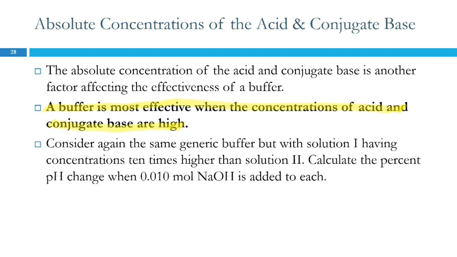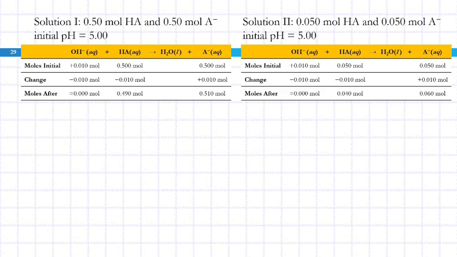Here they're going to have equal concentrations, but one of them is going to have concentrations 10 times higher than the other solution, and we're going to look at the percent pH change. So here, 0.5 moles of each, 0.05 moles of each. Because the concentrations are equal, the initial pHs are the same, equal to the pKa.